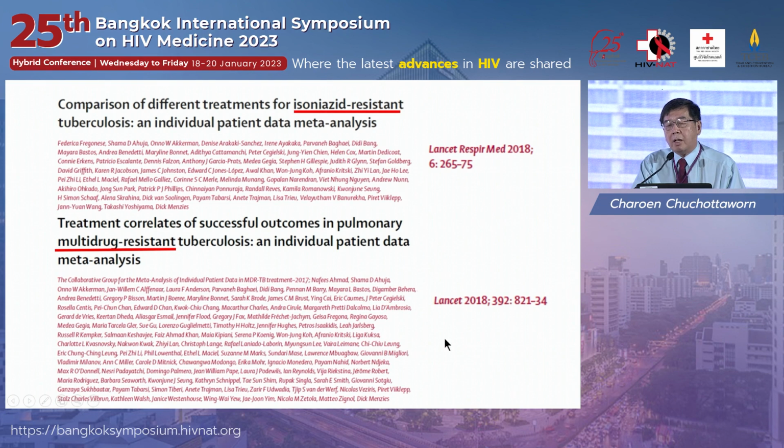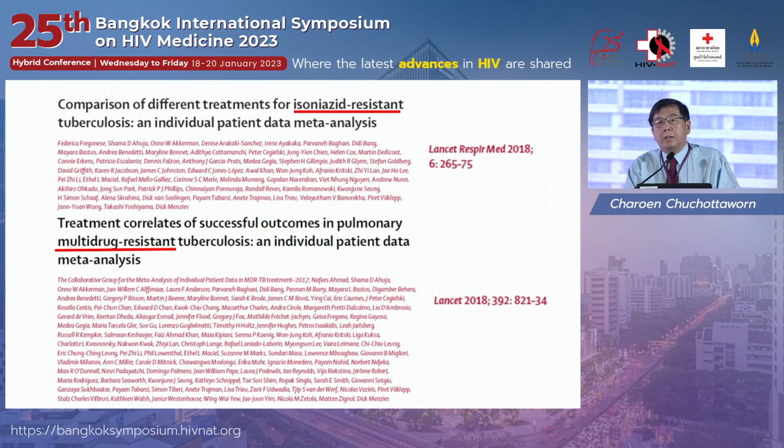They collected the data on the patients and analyzed. The group who did this was from McGill University, Professor Dick Menzies, published in 2018 in Lancet Respiratory Medicine and Lancet, especially on multi-drug resistance. They studied all the data, and they found that any patient who received kanamycin had a lower success rate and a higher mortality rate.